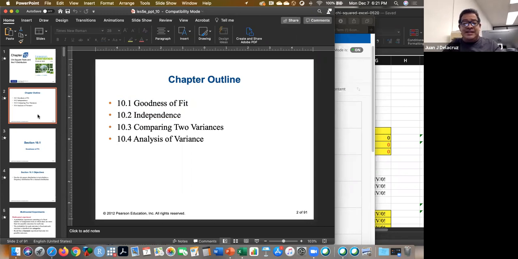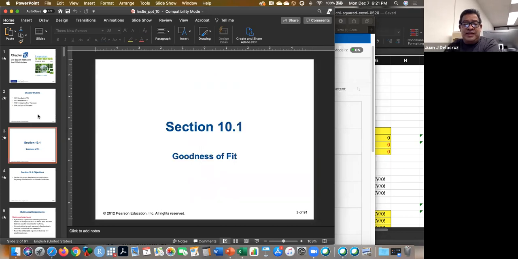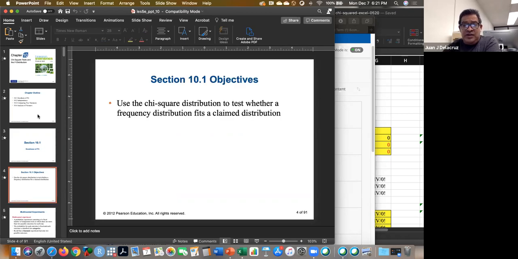Having said that, we're going to start with our chi-square distribution and the so-called goodness of fit. We're going to use the chi-square distribution to test whether a frequency distribution fits a claimed distribution. I have information from the past, and now I am taking samples.